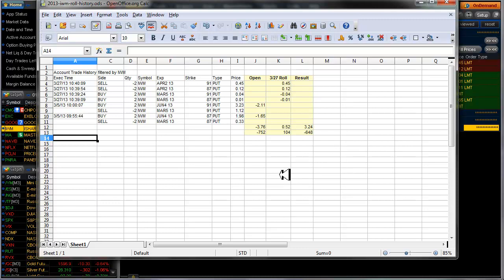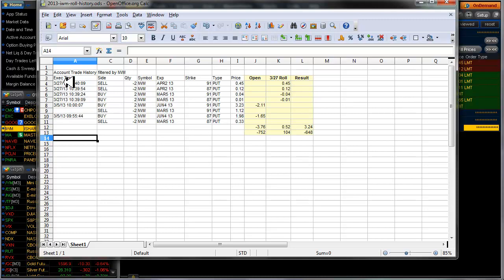Okay, so what we're looking at here is I deleted everything except the trade history for IWM. You can see that they're all here. Here's when I opened the calendar on March 5th, and these are the rolls that I did on the 27th.